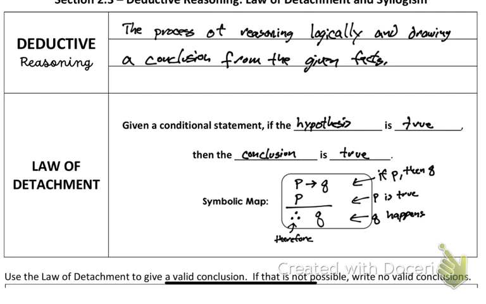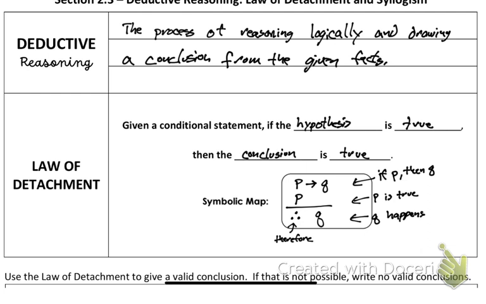So I started with, if it rains after school, then I don't have practice. That was my conditional. Then I get some more facts. That's my P. Hey, it rains out. Therefore, I don't have practice. So our law of detachment gives us that extra bit of information that Q then happens.